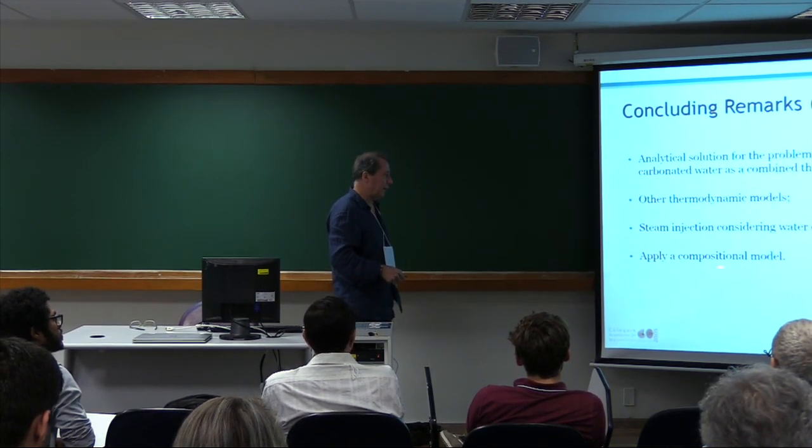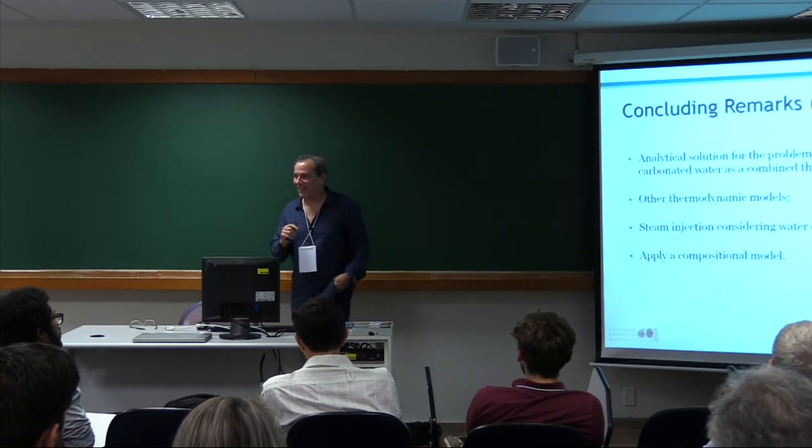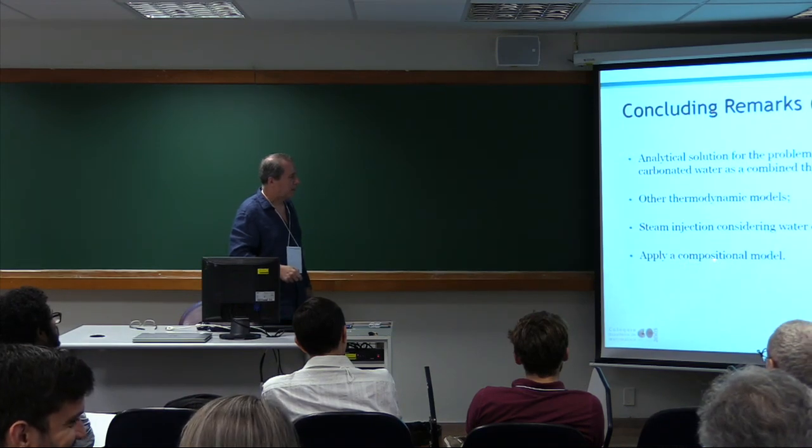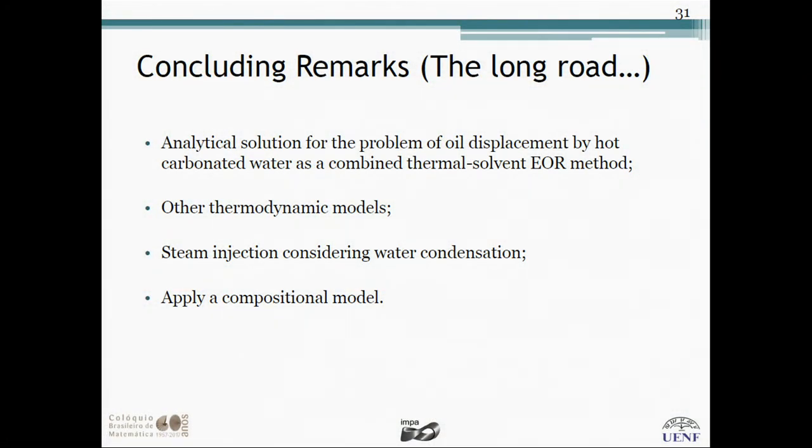And also, seeing your presentation yesterday, I had some ideas that maybe we can try a compositional model for a simple equilibrium and include not only CO2 but more than one component, and try to find some equilibrium relations that allow us to split that system into auxiliary systems, and then solve this system only for the phase equilibrium conditions, and then solve the general problem.